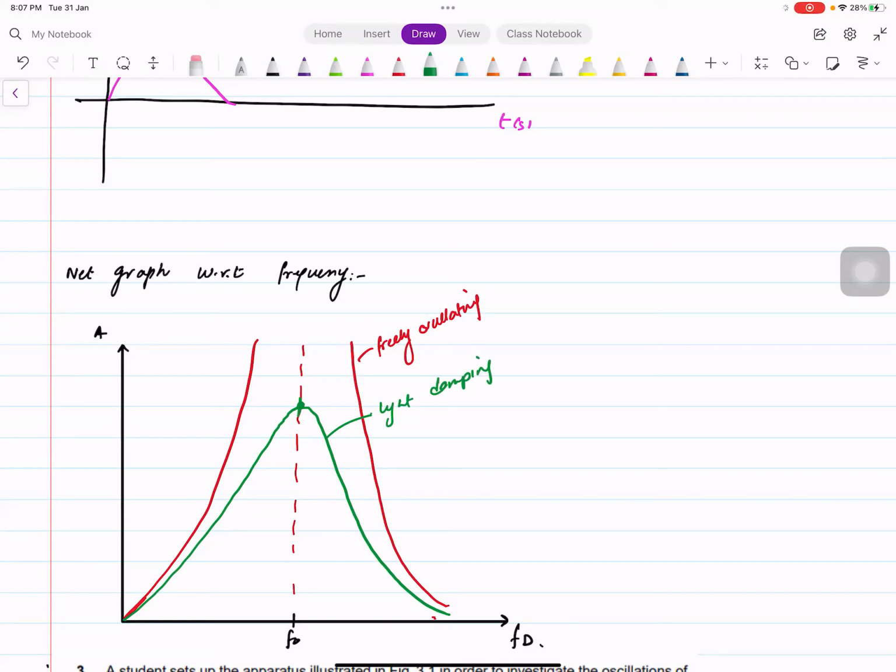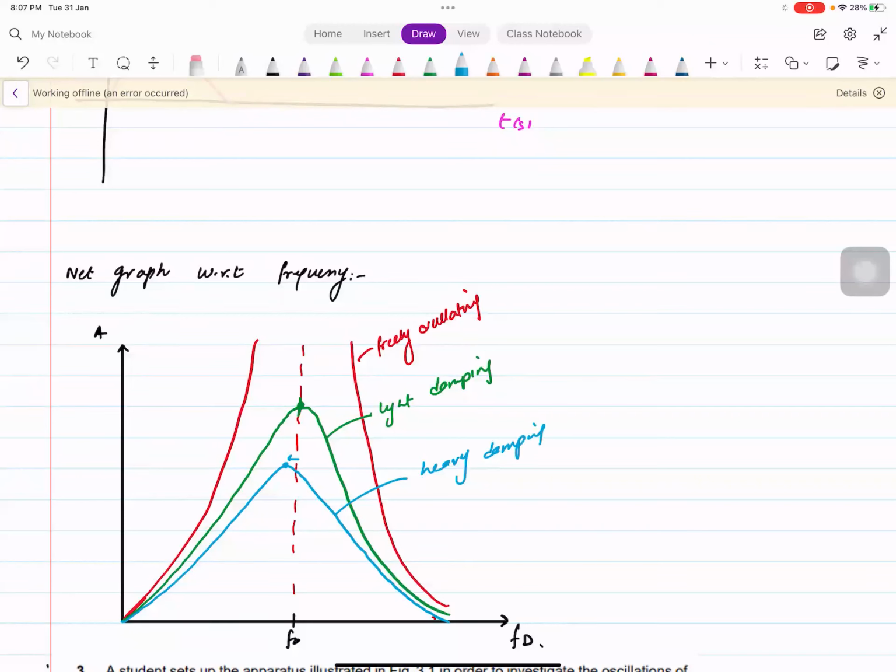Using it with feathers or lightly, just putting a little bit of friction or something. But heavy damping causes it to shift the peak a little bit. So if you see, the peak has been shifted here. So this is heavy.